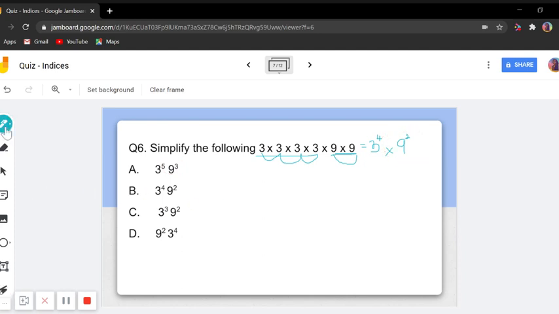So this is incorrect. How about B? 3 to the power of 4, 9 to the power of 2. So is it correct? Like we have just counted, 3 is multiplied by itself for 4 times and 9 multiplied by itself for 2 times. So this B is the correct answer.